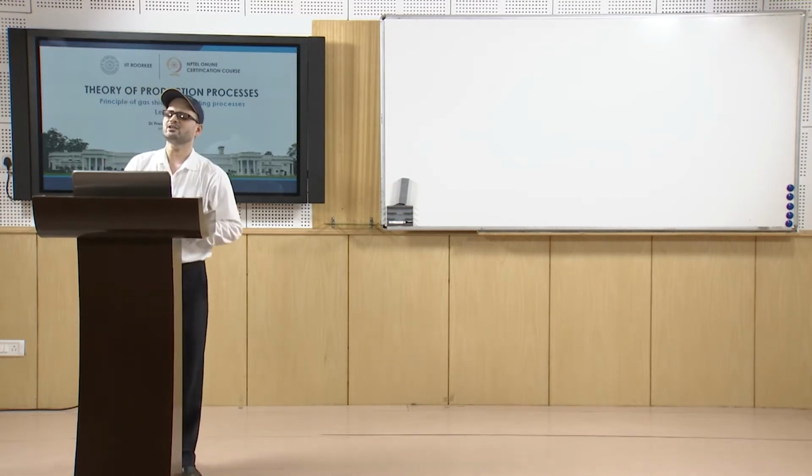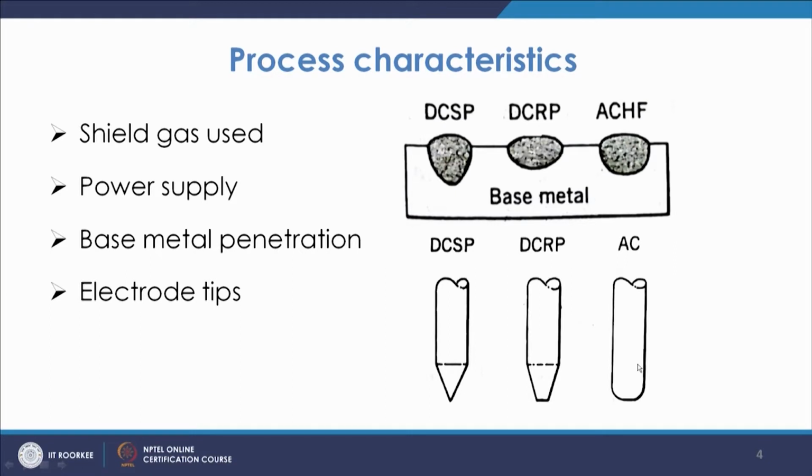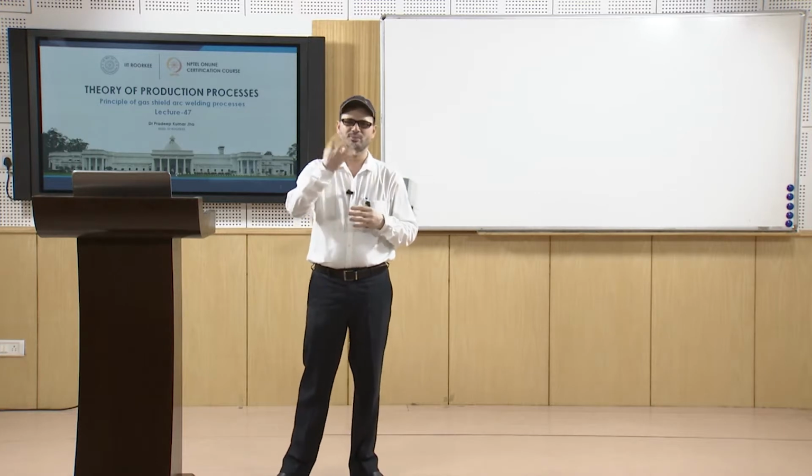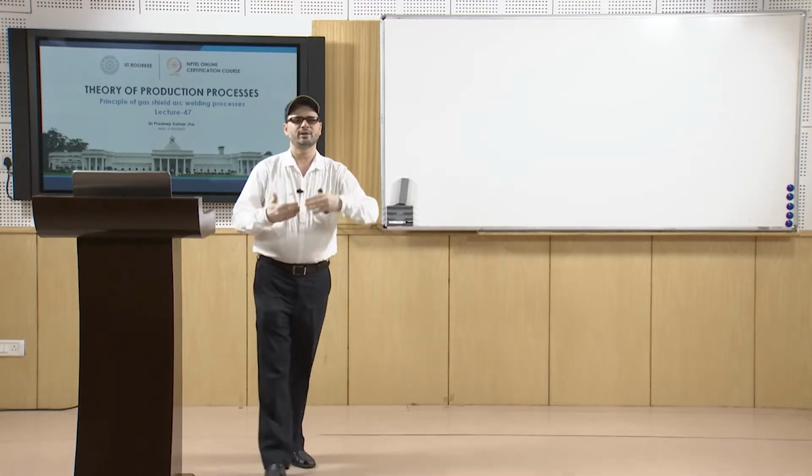Based on that you will have different mechanisms of metal transfer in TIG welding. So, you may have droplet type of transfer, or you may have a different way. So, you use these different electrode tips in the case of TIG welding.